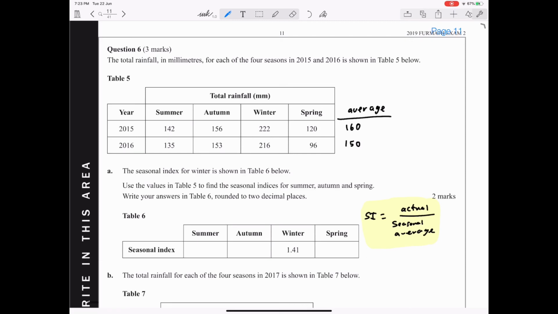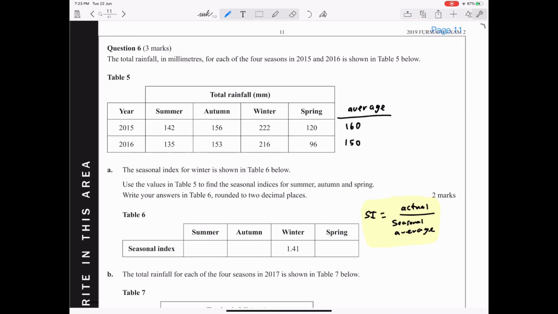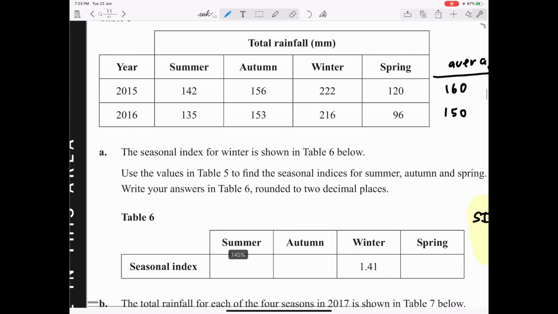So basically, to do this question, the first step is to find the seasonal average for 2015 and 2016, which I've already done. So the seasonal average for 2015 is 160, and the seasonal average for 2016 is 150.